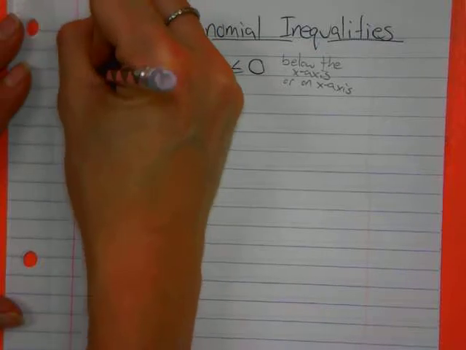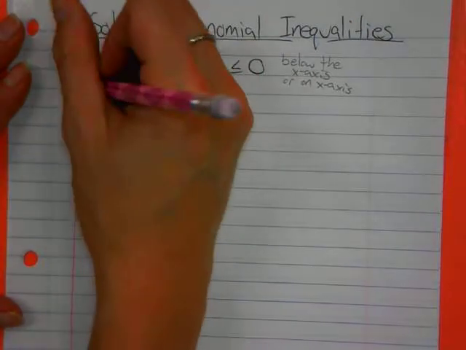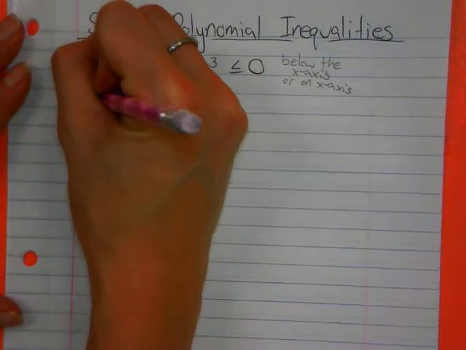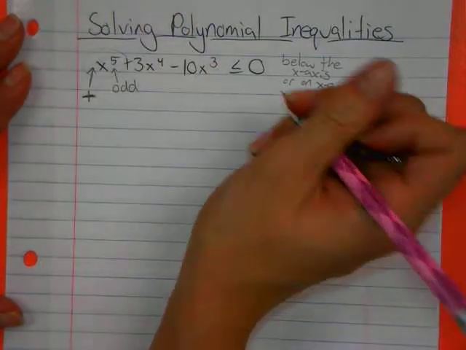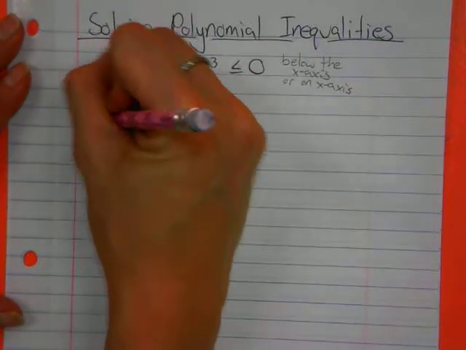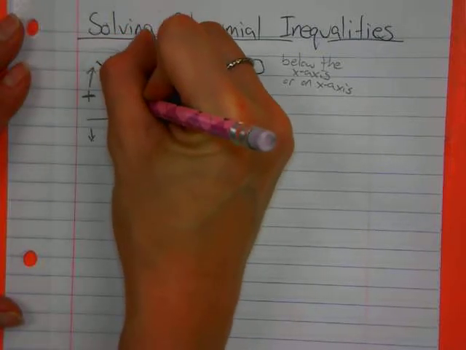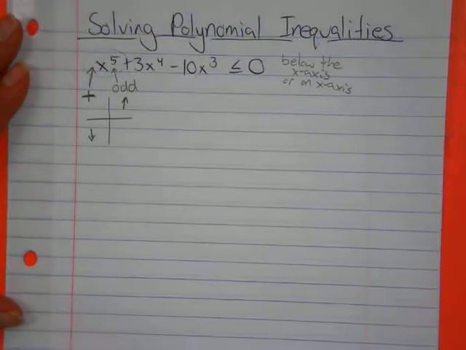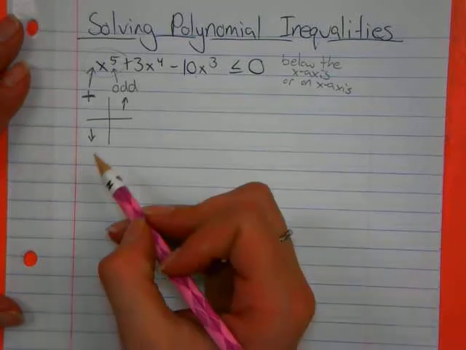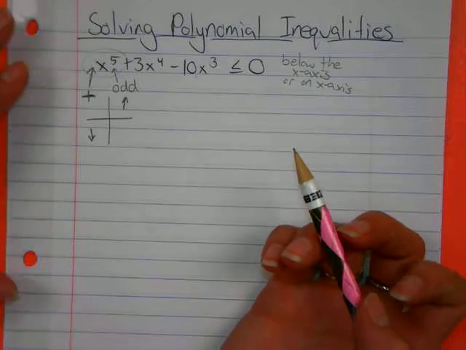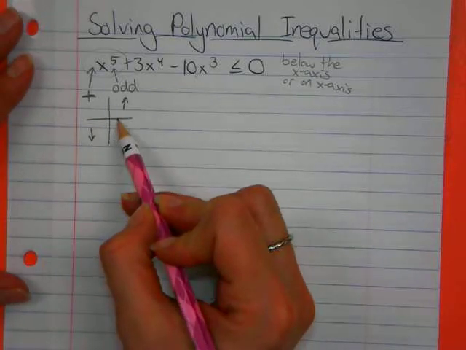And I'm looking at my leading coefficient, 1, and noticing that it is positive. So I have an odd positive, and I know that on the left it's going to be headed to negative infinity, and on the right it's going to be headed to positive infinity. So when I draw my graph in a second, I'm going to make sure it's going down on this side and up on the other side.